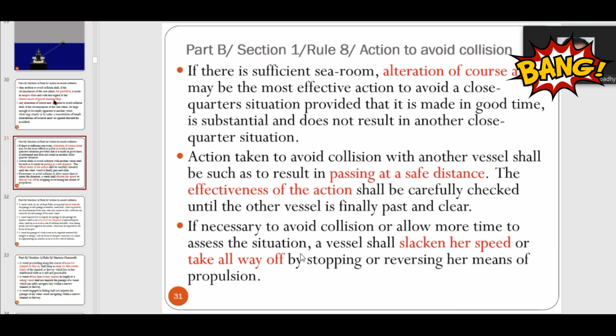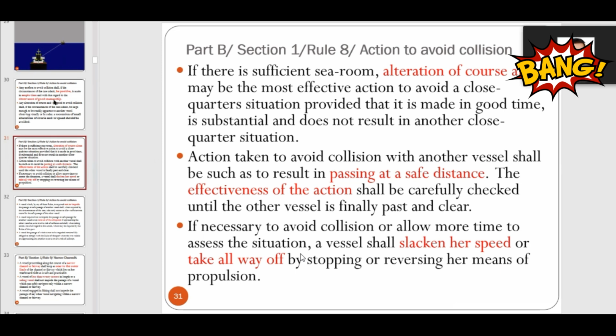Means that was needed and you have taken that action. So it is made in good time and is substantial, means it was needed, it was essential or required, and does not result in another close quarter situation. Got that?